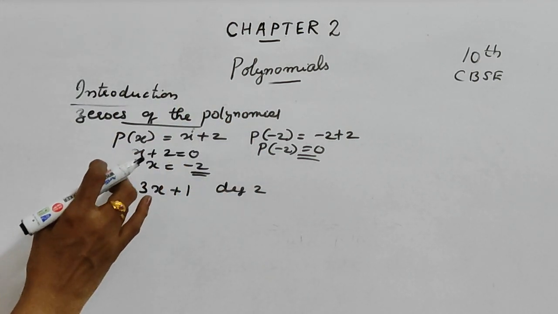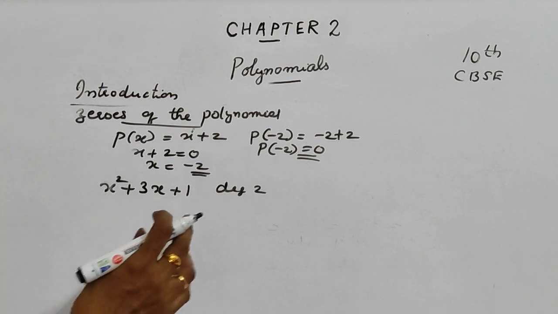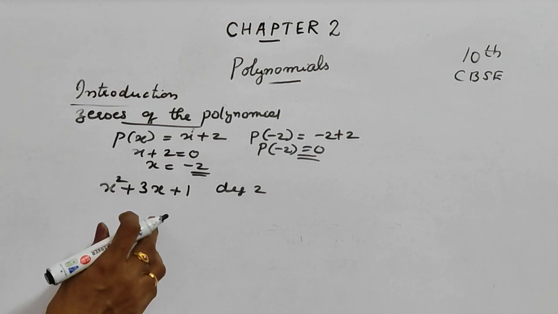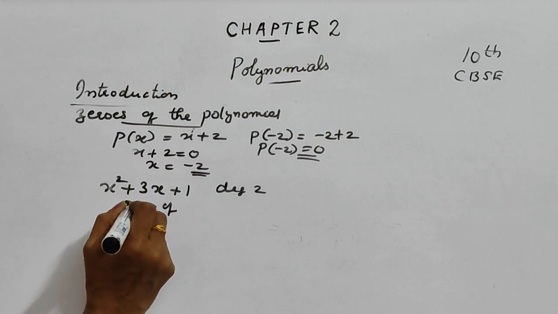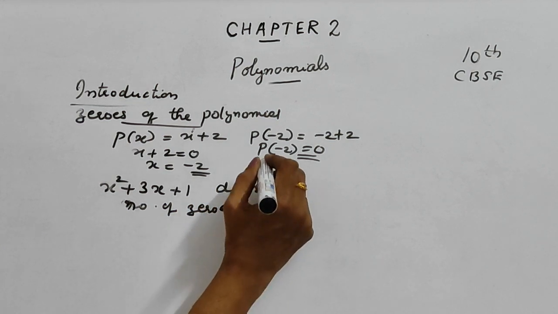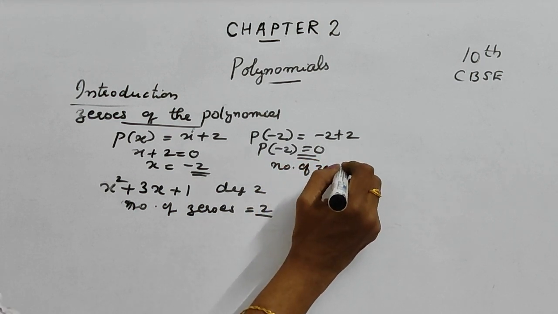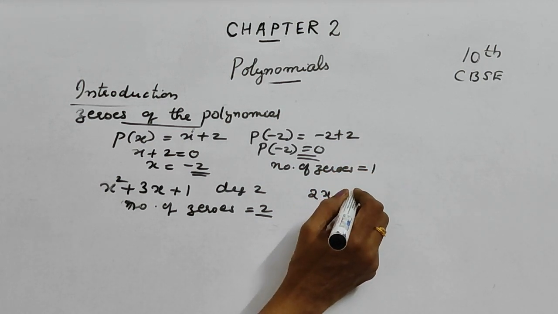According to the degree, we can say how many zeros are there in this polynomial. So here number of zeros equals 2. Here number of zeros equals 1.